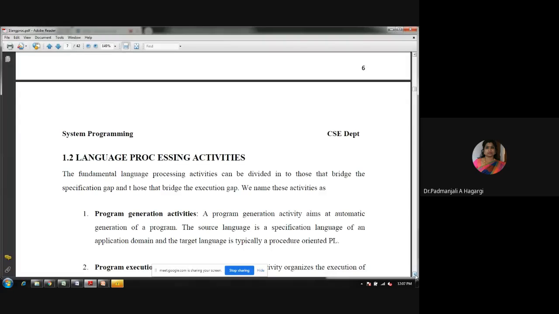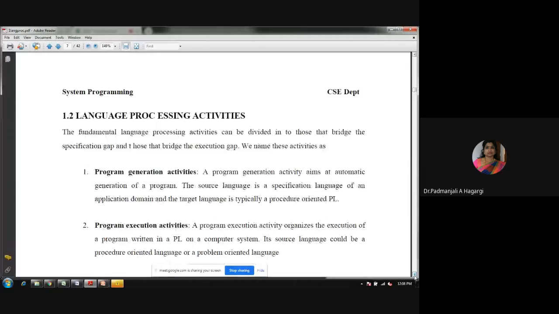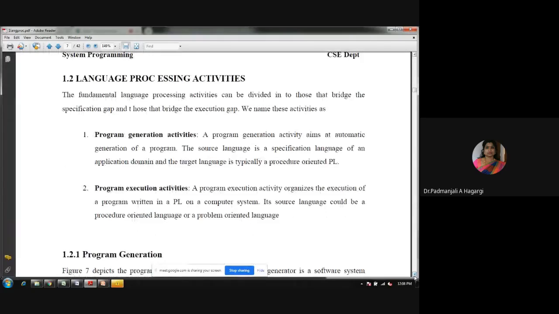So there are two types of language processing activities. The fundamental language processing activity can be divided into those that bridge the specification gap and those that bridge the execution gap. We name these activities program generation activities.